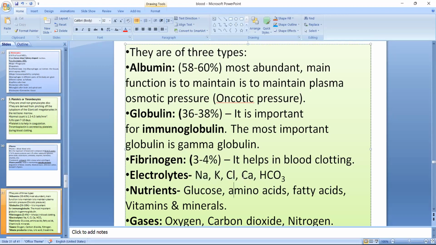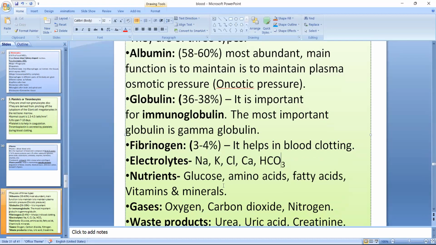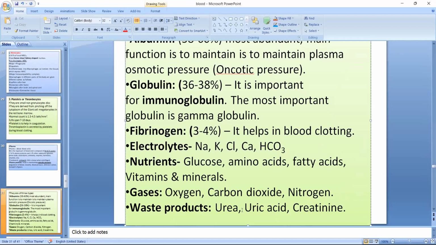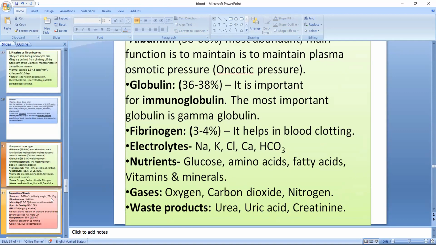Of course, calcium is very much needed for the nervous system to function. So anyway, these are the electrolytes. Nutrients, we all know that: amino acids, fatty acids, vitamins, and minerals. Waste products: urea, uric acid, creatinine. So that is about the solid content of the plasma.